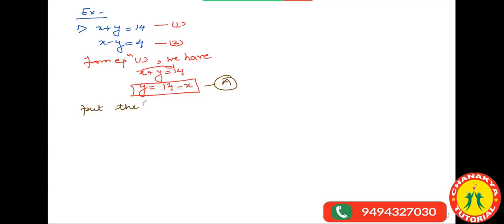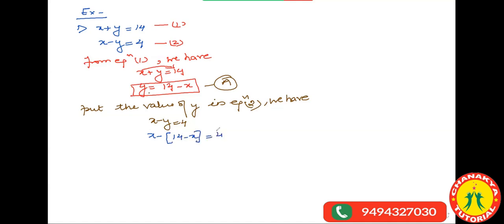Okay. Now what is our next step? Put the value of y in equation 2. From equation 1 we have calculated the value of y. Now put it in equation 2, x minus y is equal to 4. So it will be x minus, instead of y write 14 minus x, is equal to 4.